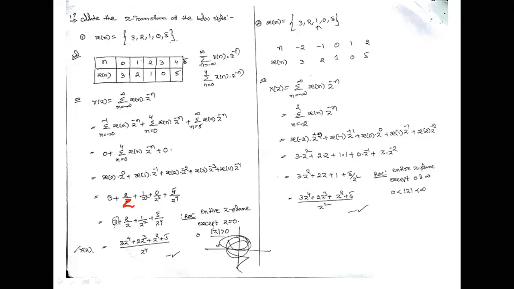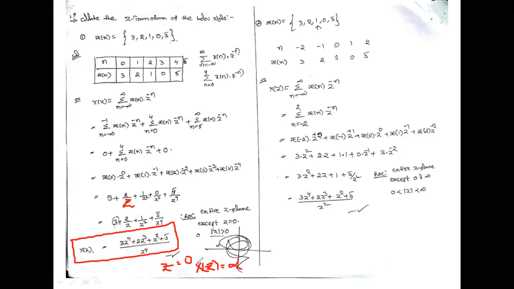Now in this equation, the Z transformation, when z is equal to 0, the total function x of z becomes infinite, because anything divided by 0 is infinite. What it matters, students?